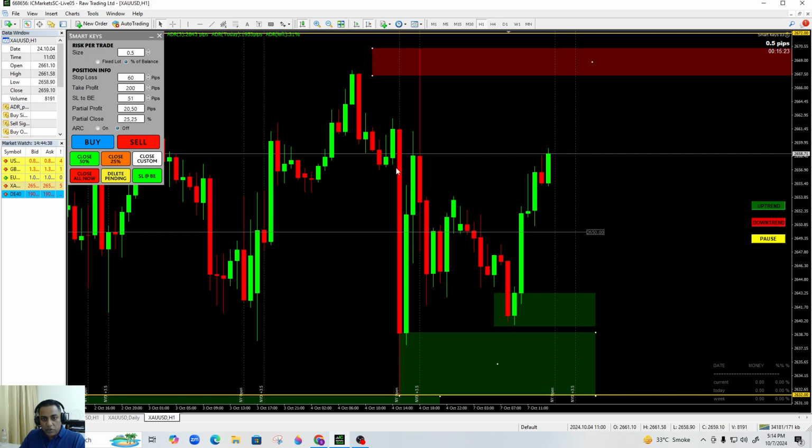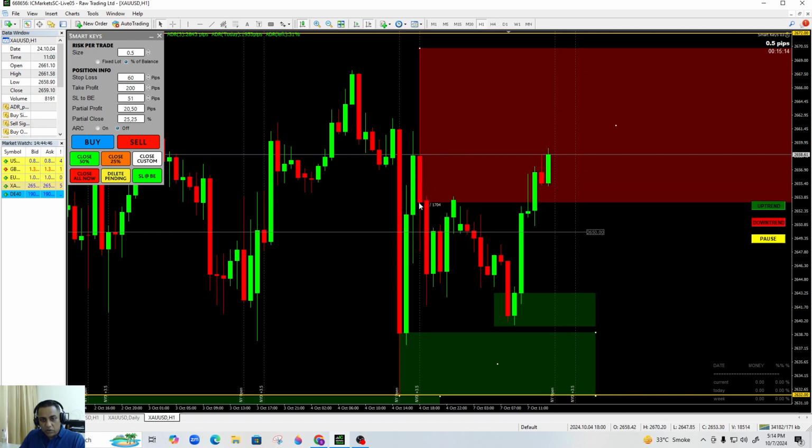See, on the H1, it's just a rally and then a big drop here, right? This is just a wick. So there's a rally and a drop, but obviously I can't draw my zone this big. That's too much of a zone, 170 pips. So yeah, so this would be the zone. There's a rally here, and then a base in candle and a drop.